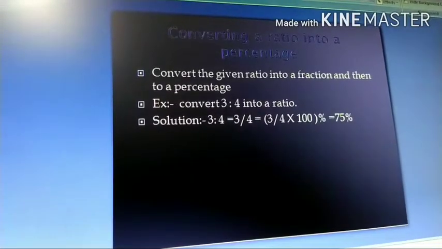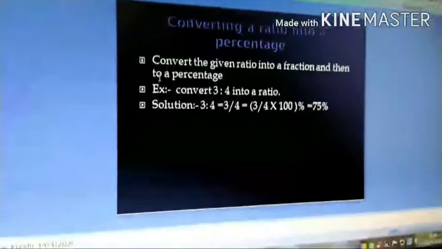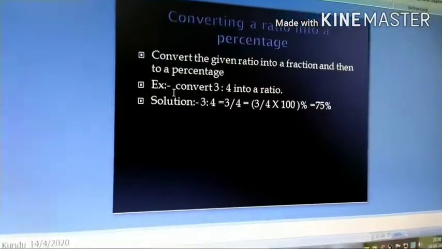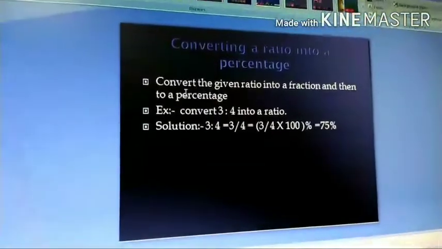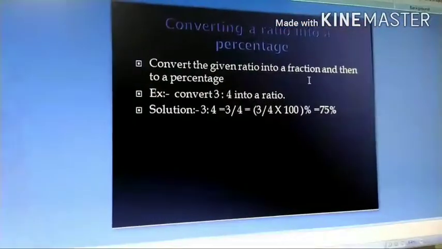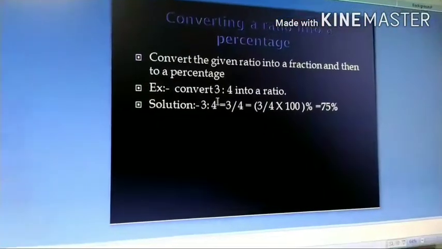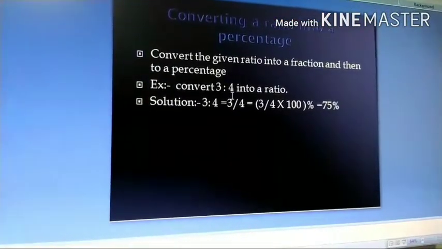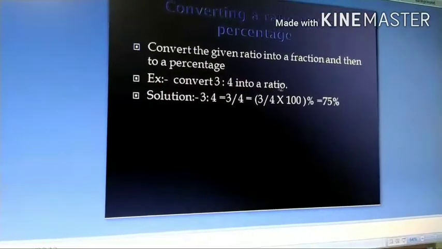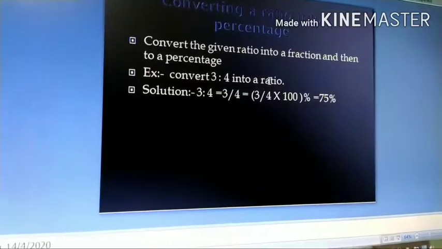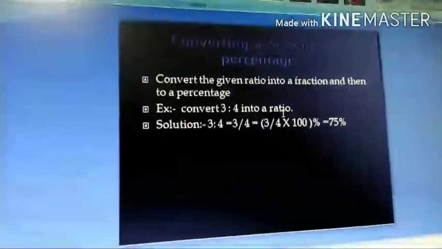Okay. Now we discuss the reverse method, that is converting a ratio into a percentage. The given ratio, we have to convert into a fraction and then to a percentage. For example, you have to convert 3:4 into a percentage. Sorry, this is a written mistake. It will be percentage. We have to convert 3:4 into a percentage.